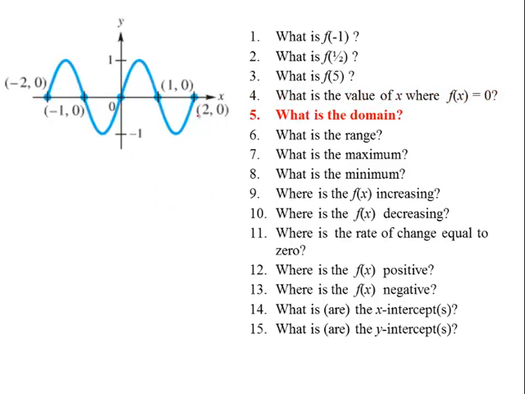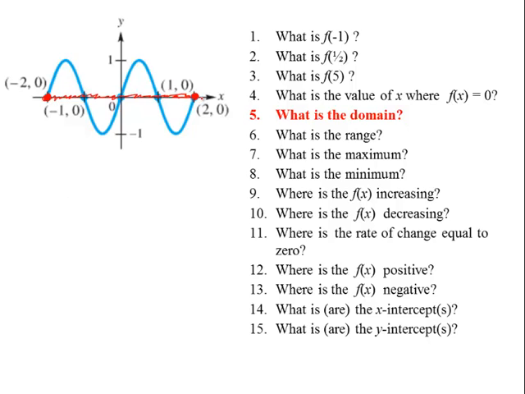Number 5, what is the domain? There's an endpoint of negative 2, so that's the smallest x, and it goes all the way to a positive 2. So there's an ending point for x, so all x values in between negative 2 to a positive 2.